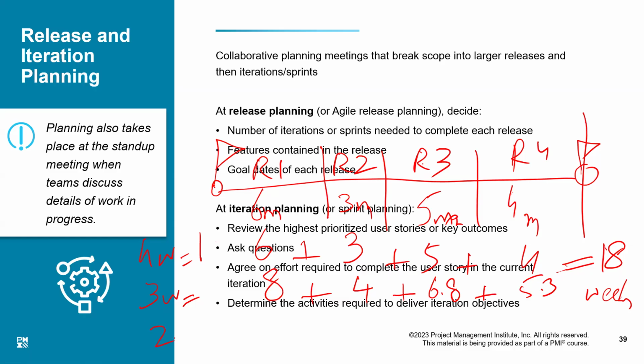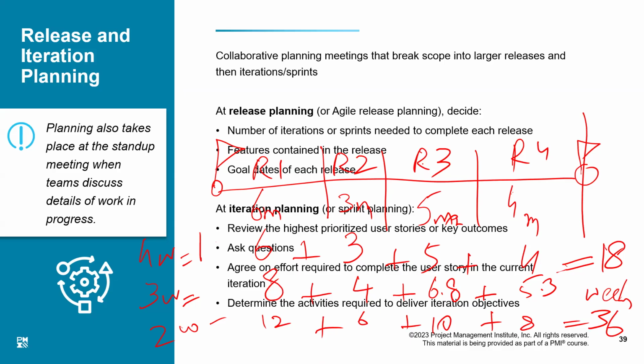What if we have iteration fixed as 2 weeks? That means we will have 12 iterations here, 6 here, 10 here, and 8 here. That means we will have 36 iterations.